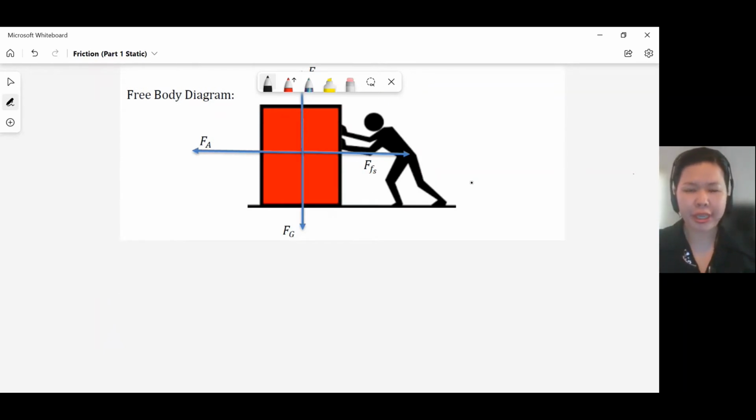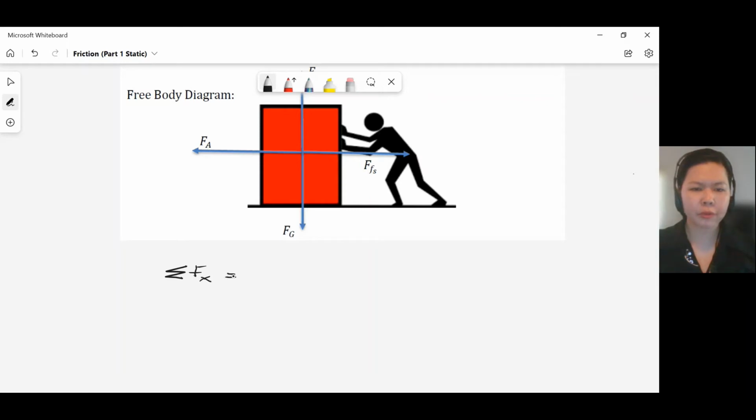In questions A and B, the refrigerator does not move. Moreover, in letter C, the refrigerator is just about to move. Because of this, our summation of Fx and summation of Fy will be as follows.